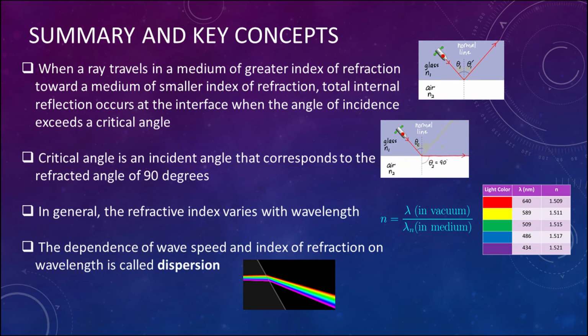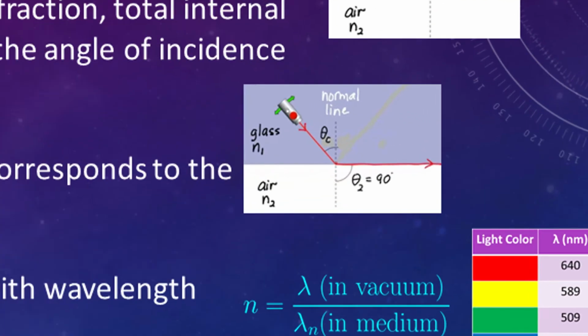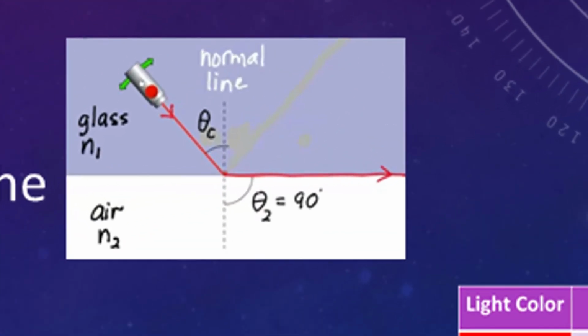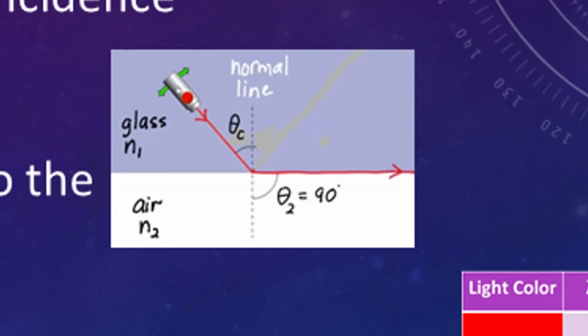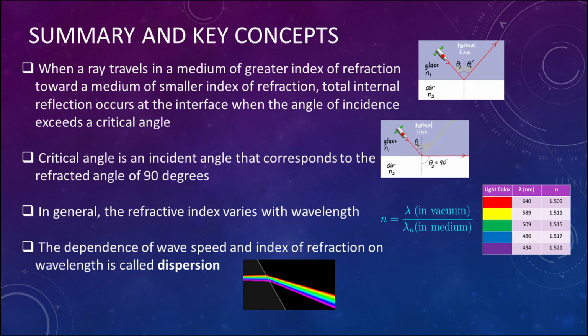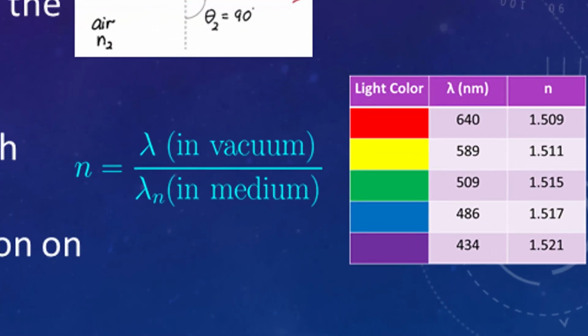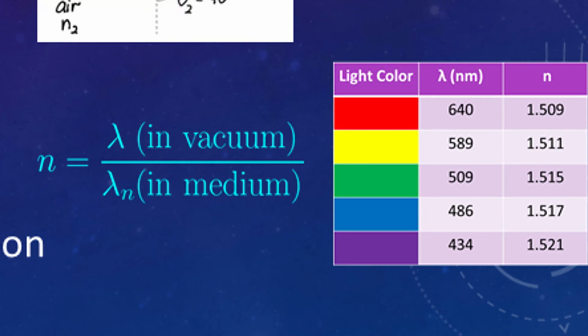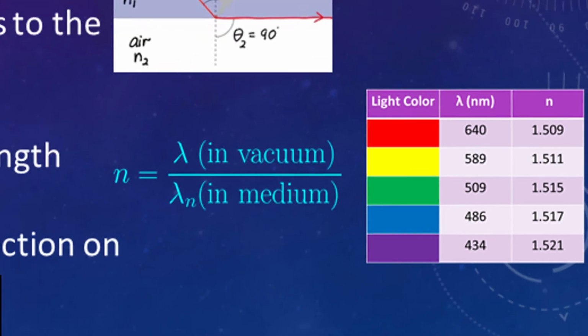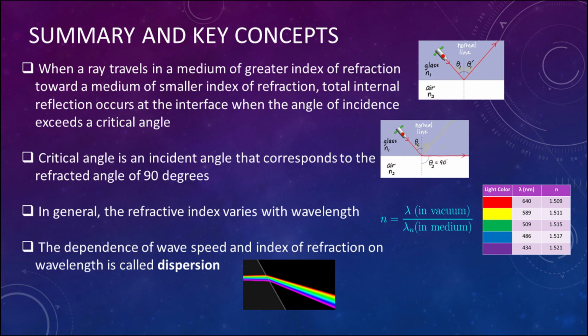The critical angle is the incident angle that corresponds to a refracted angle of 90 degrees. In general, the refractive index varies with wavelength. The dependence of wave speed and index of refraction on wavelength is called dispersion.